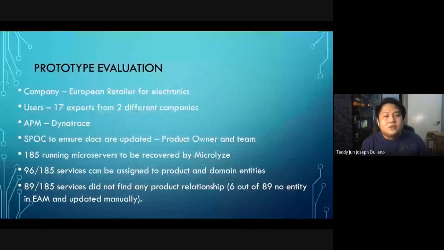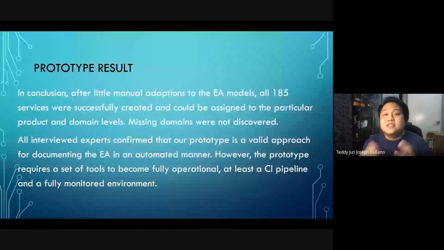So in conclusion, after the adaptations of the models, all of the 185 were successfully created, and they now have relationships. There were no more missing domains discovered. So the picture of the enterprise architecture is now complete.